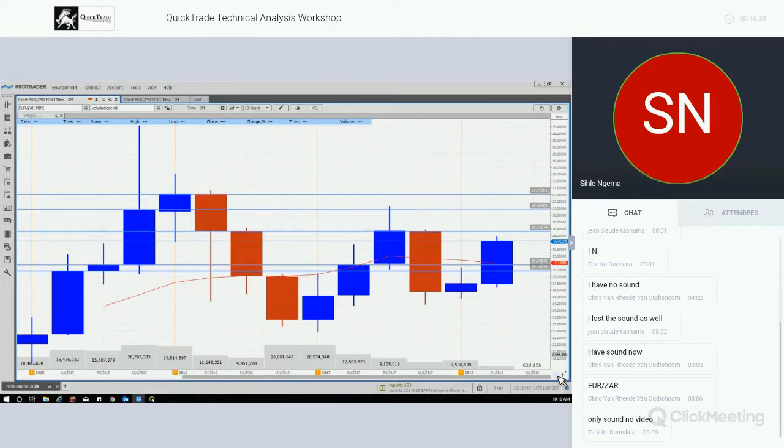But at the moment, I wouldn't really try to buy the rand. I would just be on the selling side of the rand until I get a decisive signal from the market indicating where the market is likely to go next. So that's what I'm seeing on the rand right now, on the Eurozar.